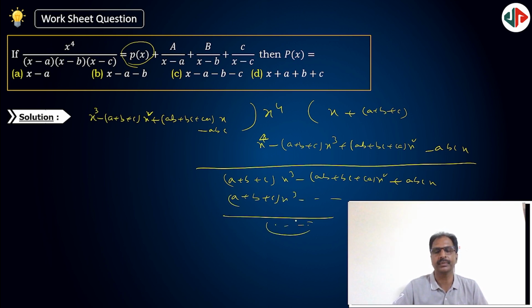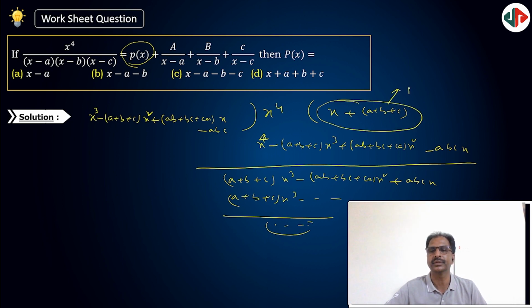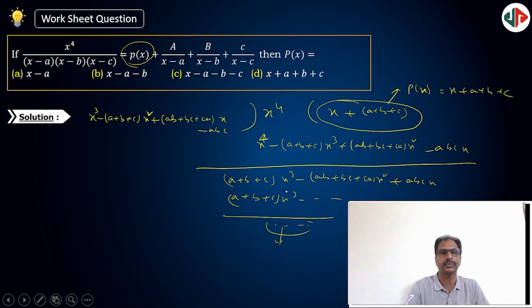Then the remaining degree will be less than this. So this is the quotient first, which is nothing but p of x. So p of x is equal to x plus a plus b plus c. Here the degree of the remainder will be less than the degree of the divisor. So option D is correct.